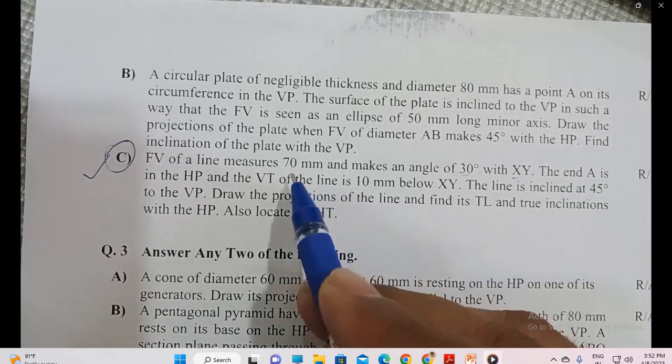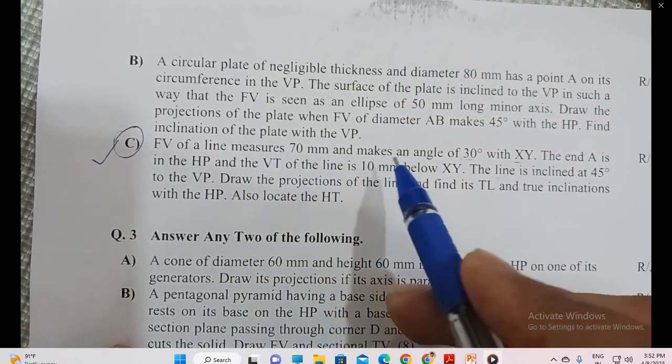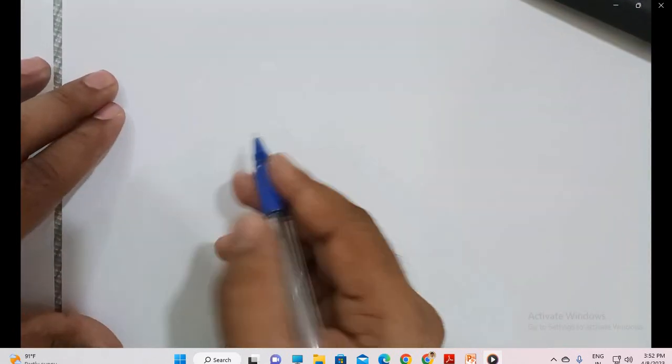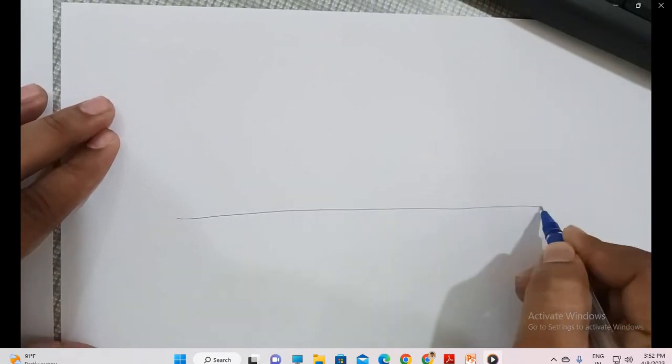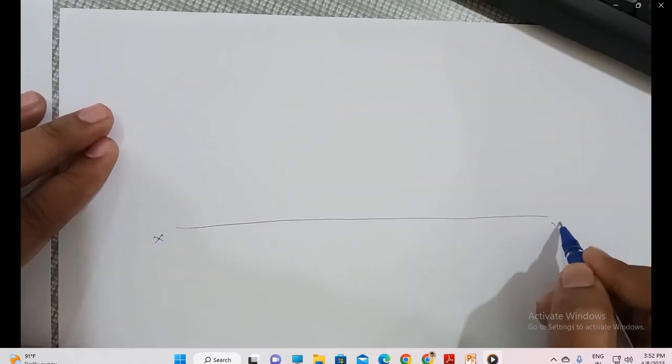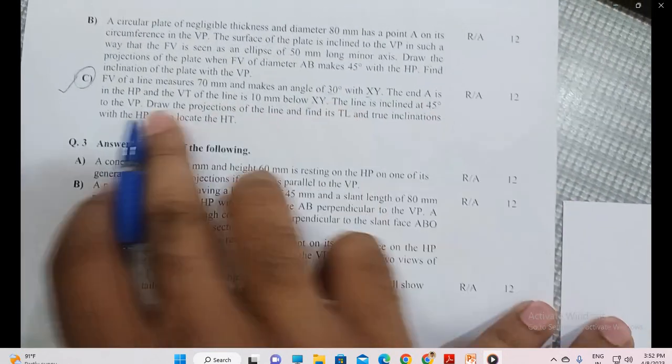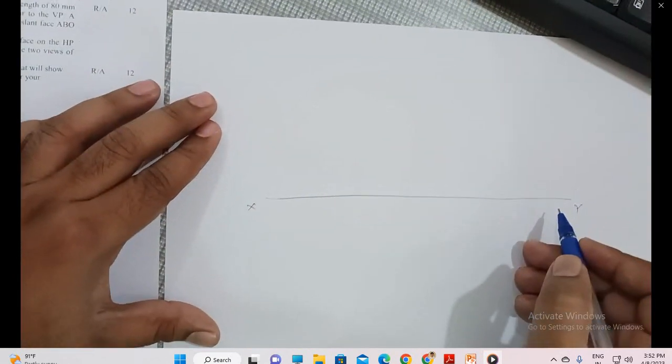So we'll start with the front view at an angle of 30 degrees and a front view length of 70 mm. So this is the XY line. As the end A is in HP, we locate the point A on the XY line.